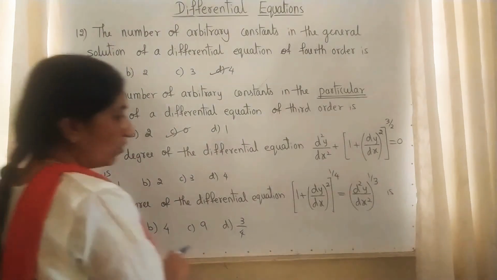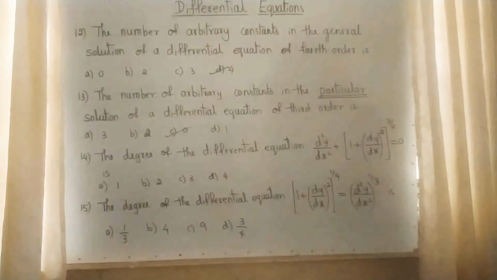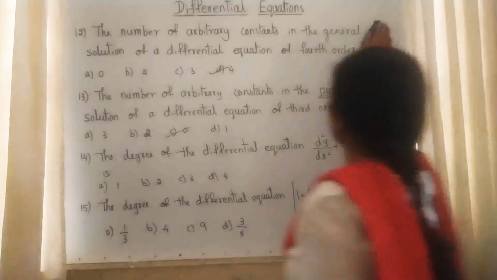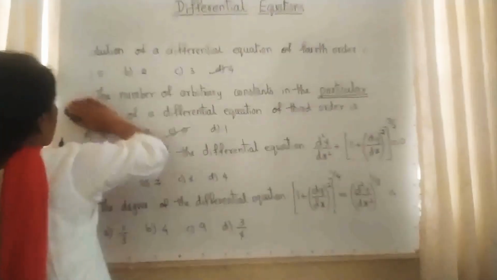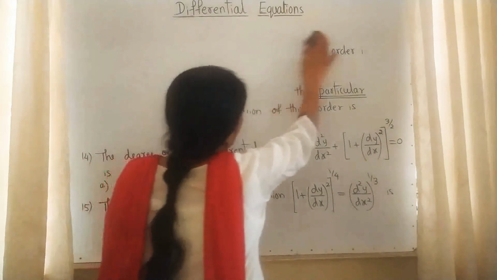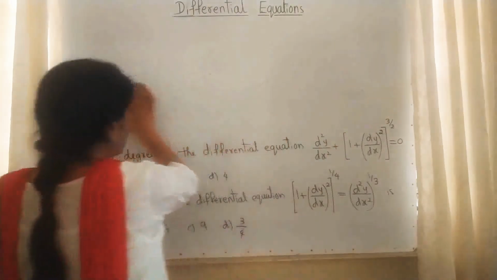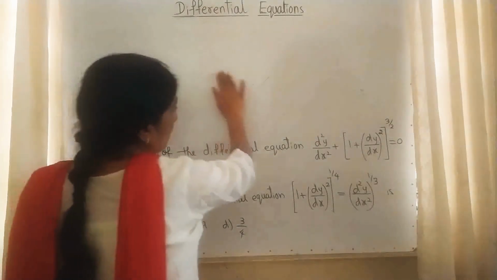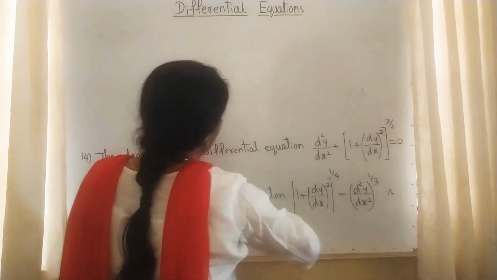Next, the degree of the differential equation d²y/dx² plus, as you know, in the equation, if the power contains a fraction, we cannot write the degree. And here you cannot write it directly.